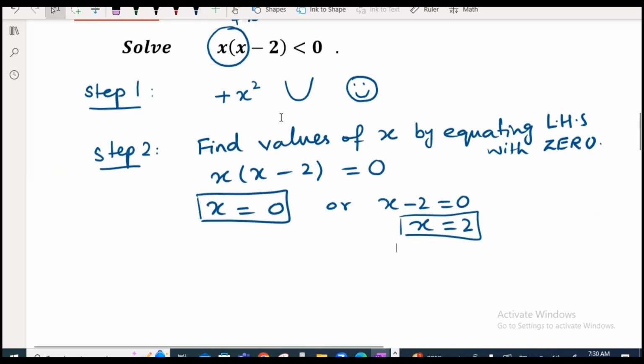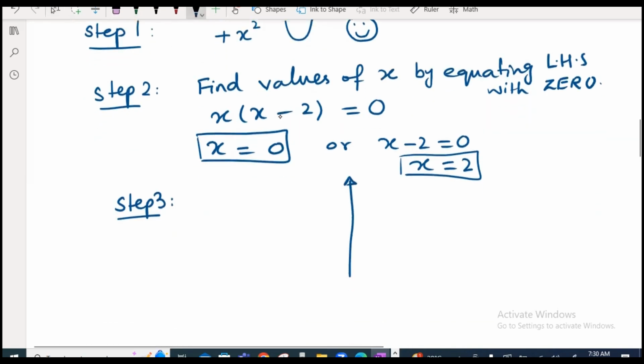Now the third step is sketch. So this is the y-axis, this is the x-axis. This value is 0 and mark 2, x equals to 2.